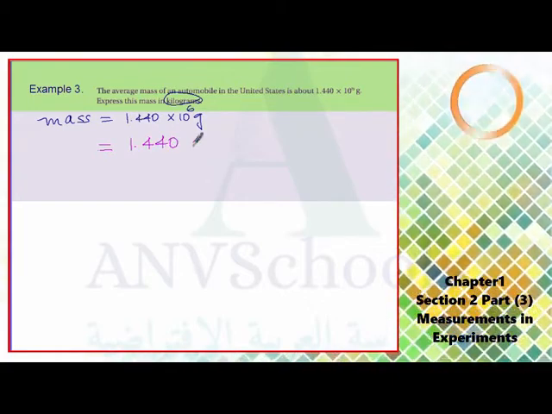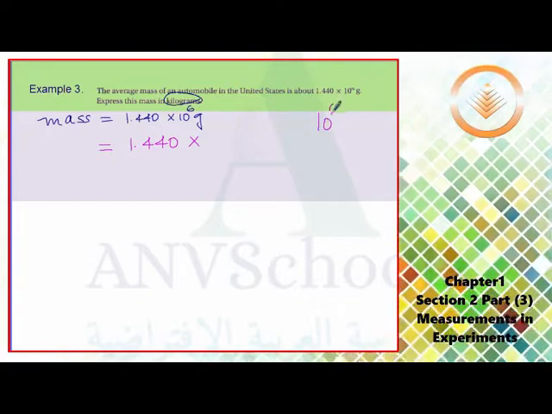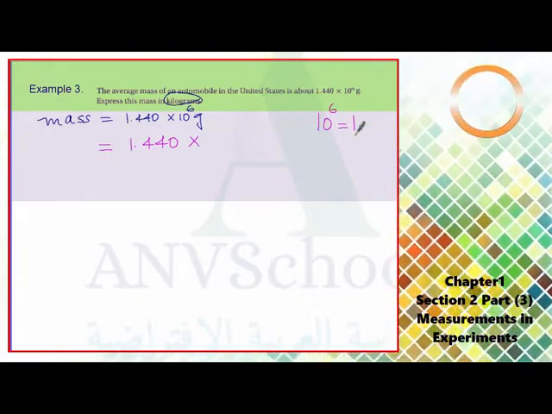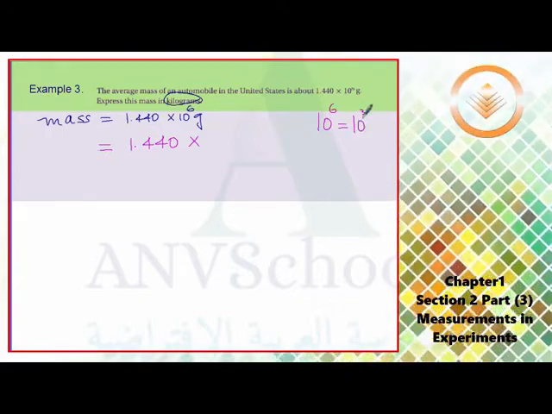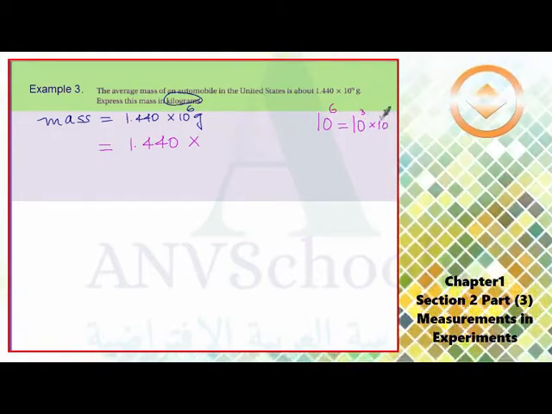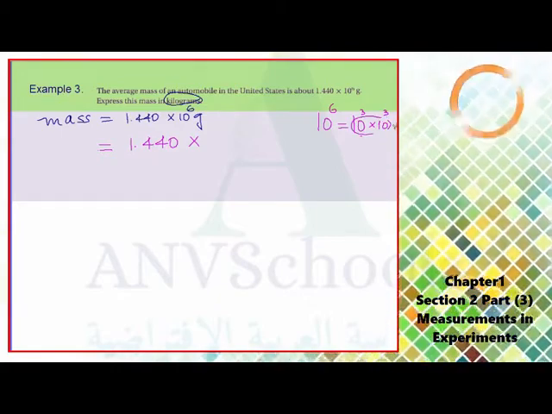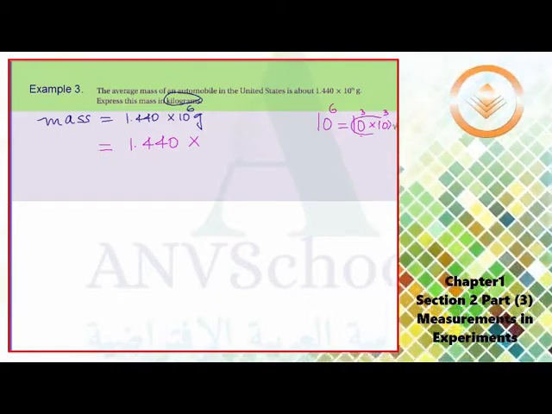I can rewrite this as 1.440 multiplied by, I can write 10 to the power of 6 as a product of two powers of 10: 10 to the power of 3 multiplied by 10 to the power of 3. Because these two have the same base, I will take 10 and add the exponents. 3 plus 3 will give me 6.